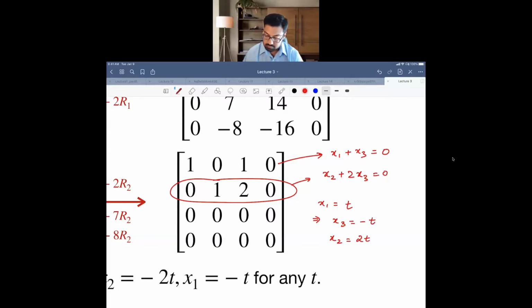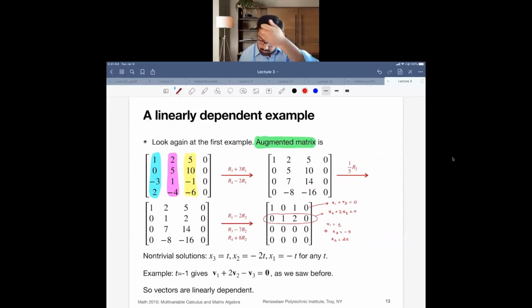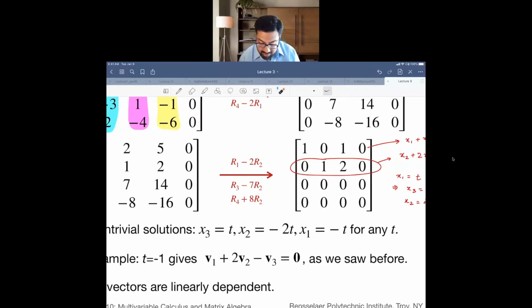Negative 2 times x3, the negatives cancel, giving 2t. You pick any arbitrary value, and you get the corresponding values for the others. t could be 1, 2, 3, any value.